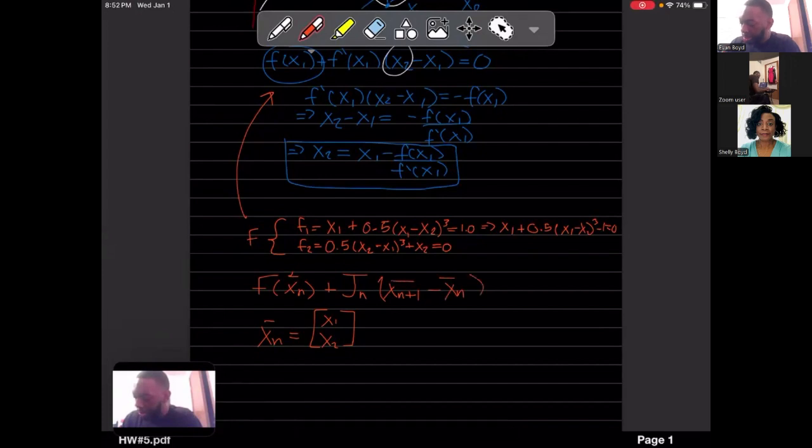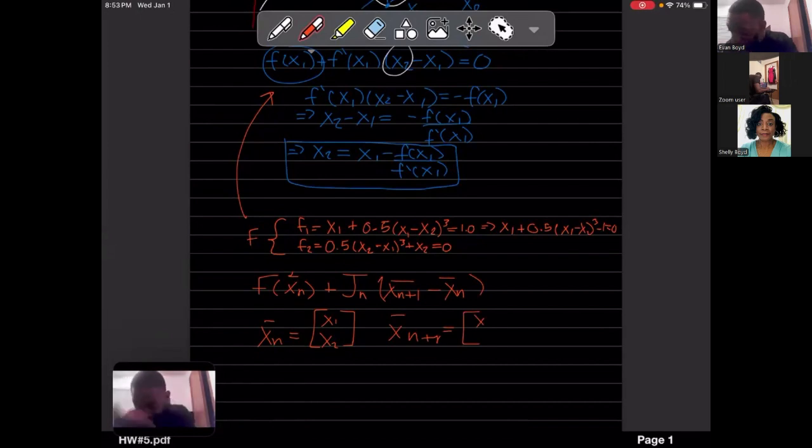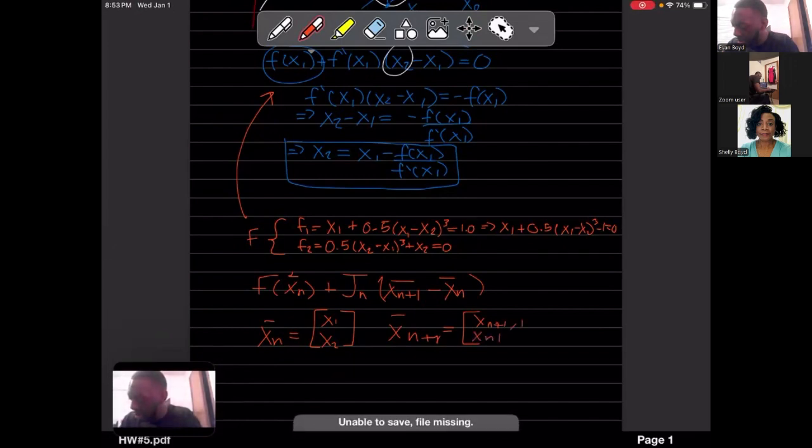And xn plus 1 is basically equal to the next point for the vector. So it'll be xn plus 1 of the first position and then xn plus 1 for the second function.